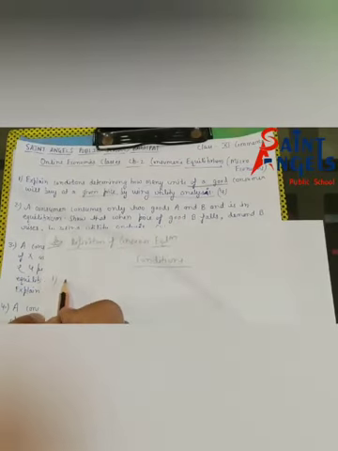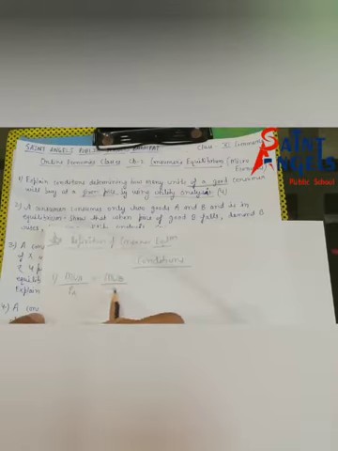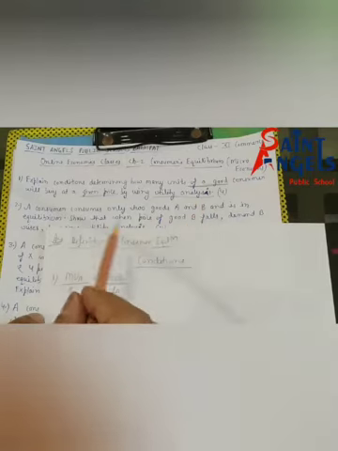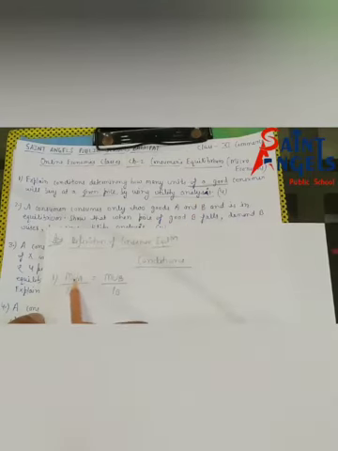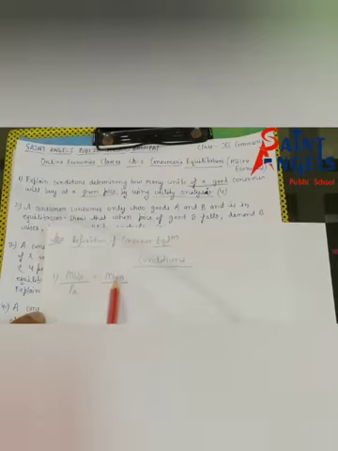So I am taking here MUA upon PA is equal to MUB upon PB. Suppose here good X and good Y, then I will take good X and good Y. I hope it is clear.